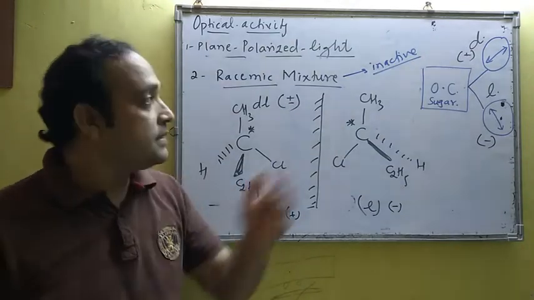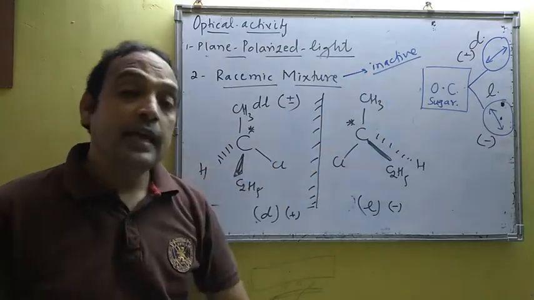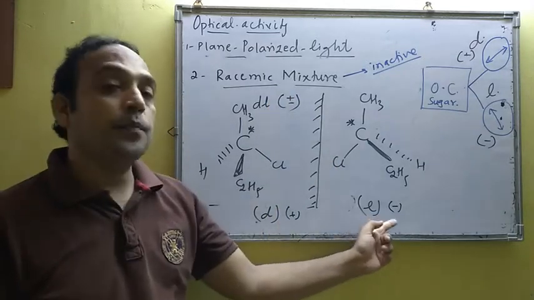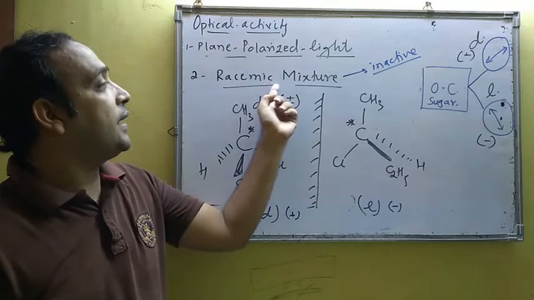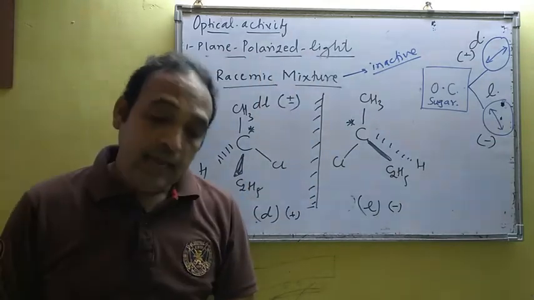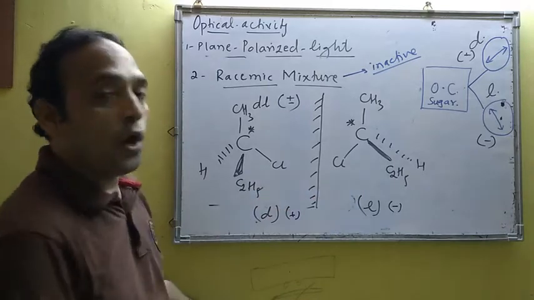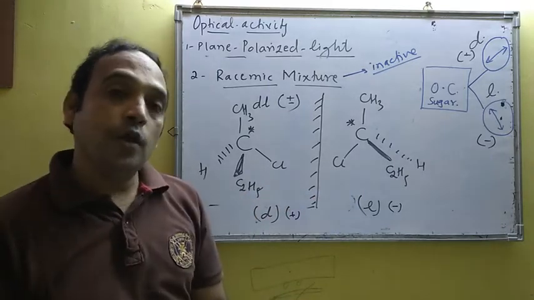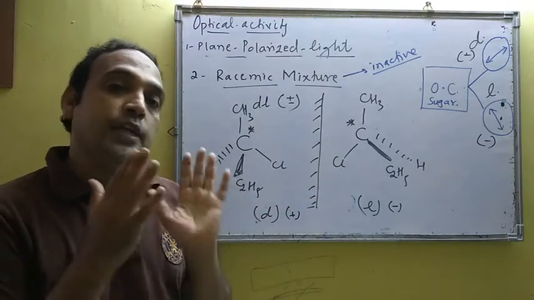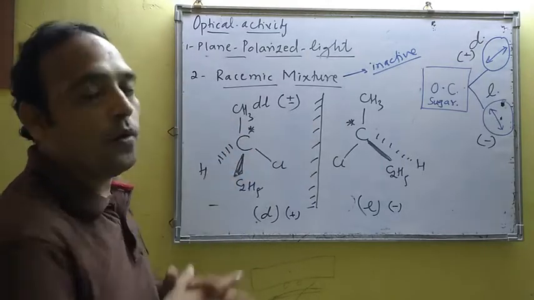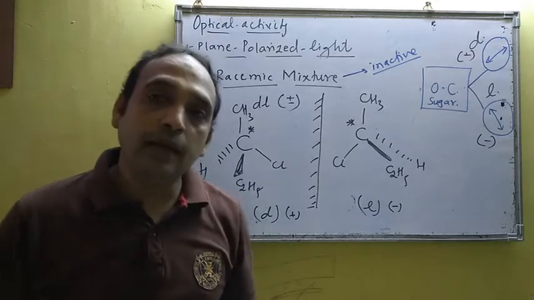Plus and minus get cancelled, and that's why it is optically inactive. Always remember, one rotation is cancelled by another rotation. These two act as enantiomers, optical isomers which are non-superimposable to each other. Student, this is all about the concept of optical activity.